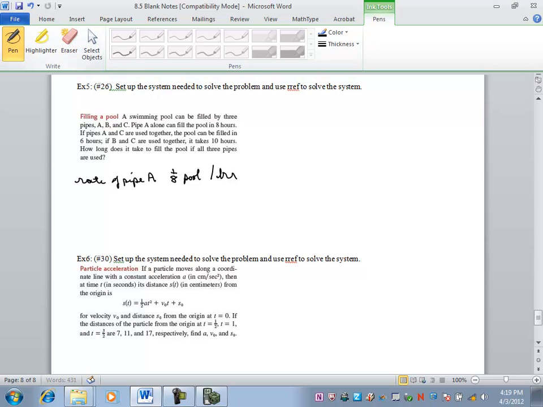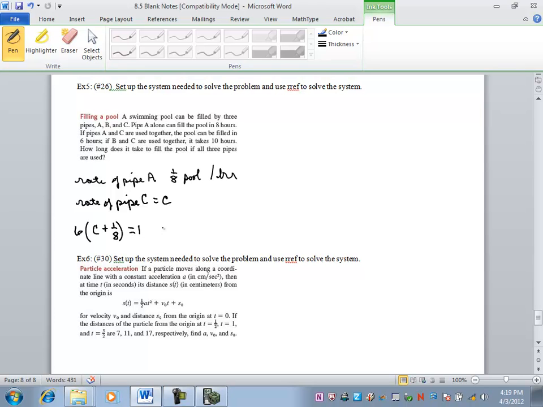Alright. Now, if A and C are used together, the pool can be filled in 6 hours. So let's say the rate of pipe C equals c. Alright, so we've got a time of 6 hours. Now the rate of pipe C plus the rate of A will get the pool filled. So let's see what this gets us here, guys.